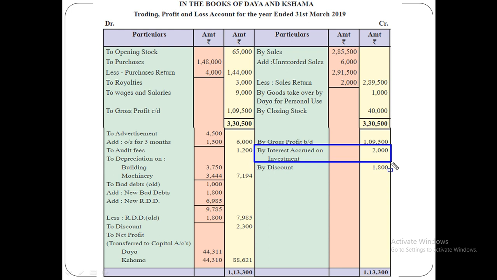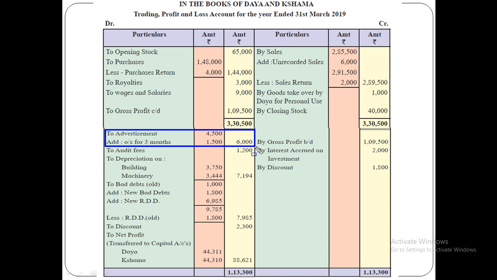Next item is advertisement paid for 3 months. Here again to the debit side of profit and loss account, advertisement, that is 4,500 given in the trial balance and mentioned that paid for 9 months, means outstanding for 3 months. So here 4,500 divided by 9 and you will get the amount for 1 month. So here the amount is 500 for 1 month.